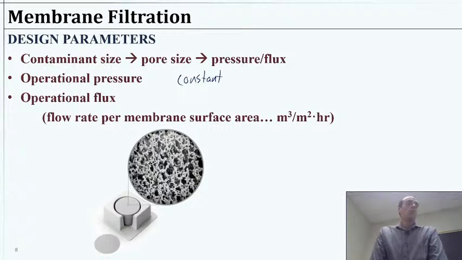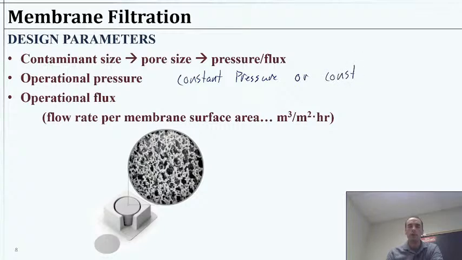And so while sometimes in a lab setting, maybe it's easier to do a constant pressure and see what happens, in real life, we will almost always be doing constant flux and adapting our pressure in order to make sure we're meeting that flux. So we can do constant pressure or constant flux. But since we expect our membranes to foul over time, there's going to be an increasing pressure requirement to achieve the same flux. And these two are going to be related.